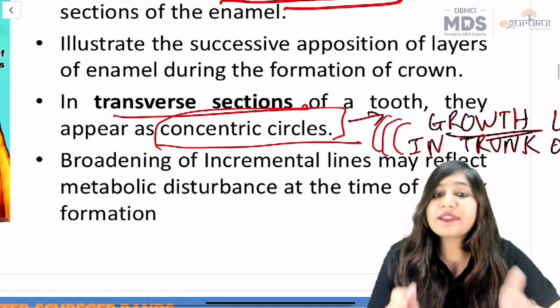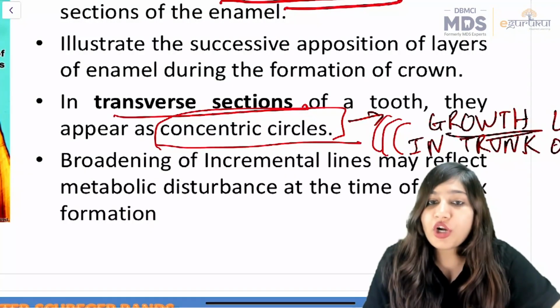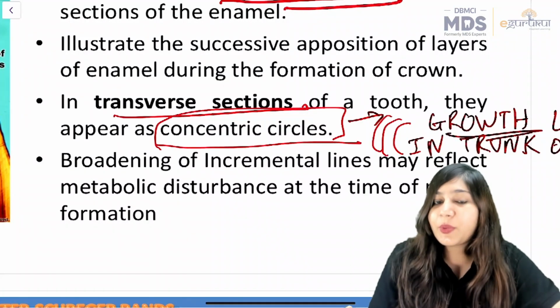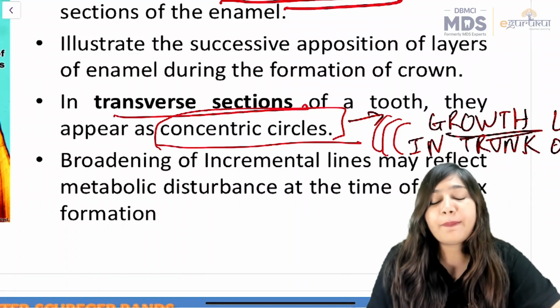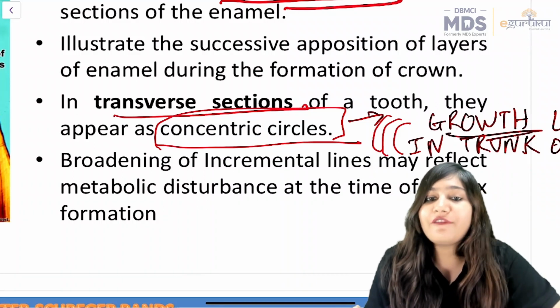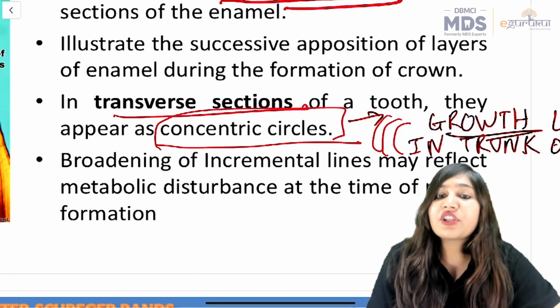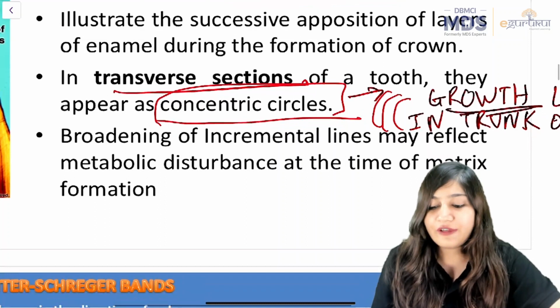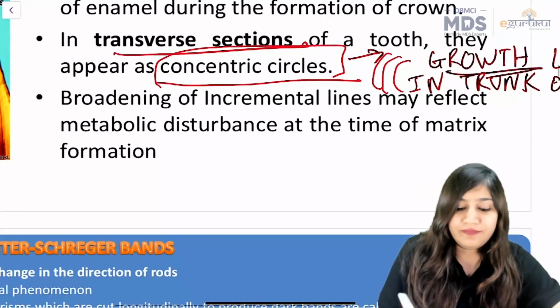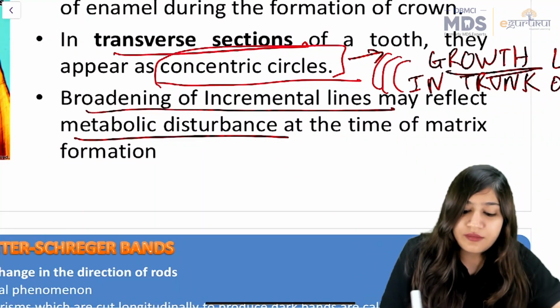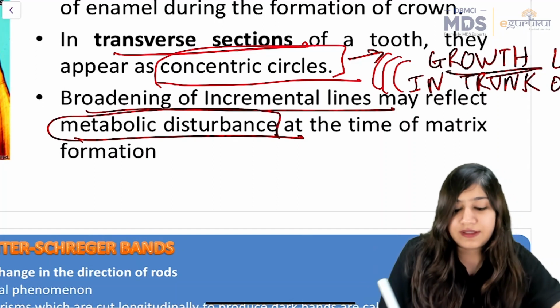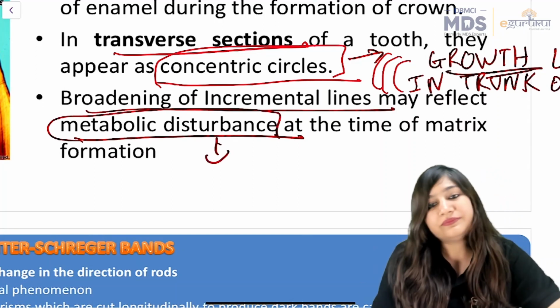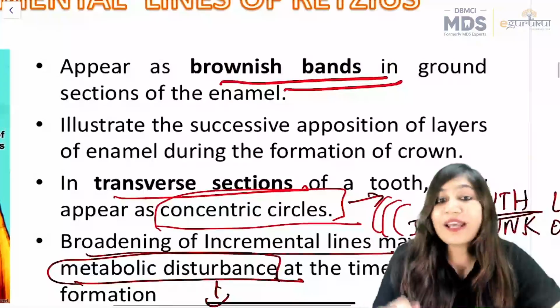Now, sometimes these incremental lines may broaden. There may be distance between the incremental lines. Why? Because of prolonged period of rest, which occurs due to some metabolic disturbances at the time of matrix formation. So, what are incremental lines?